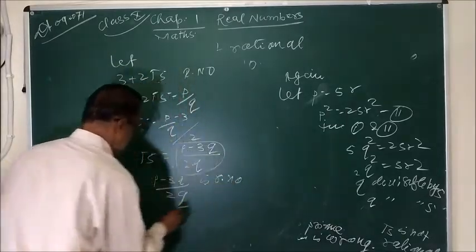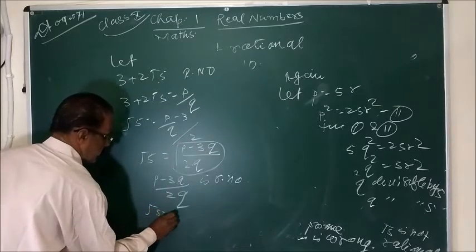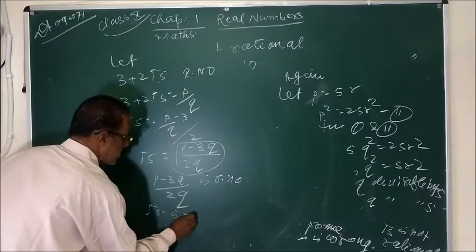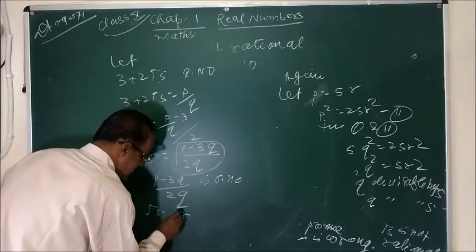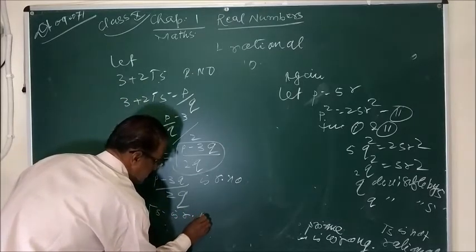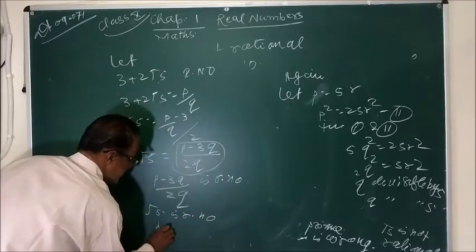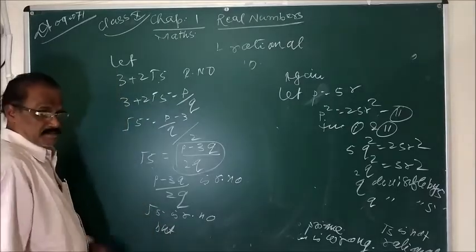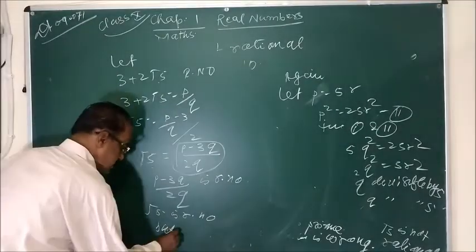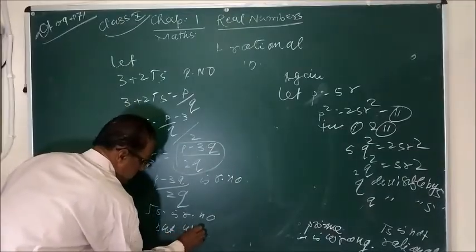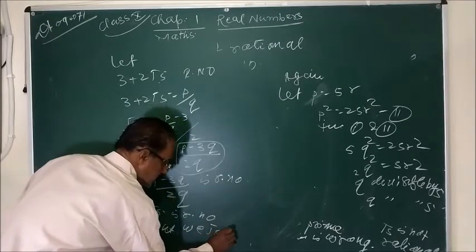So this is a rational number, and therefore root 5 is also a rational number. Why? Because both are equal. So root 5 is also a rational number, but it contradicts. We know root 5 is not a rational number.